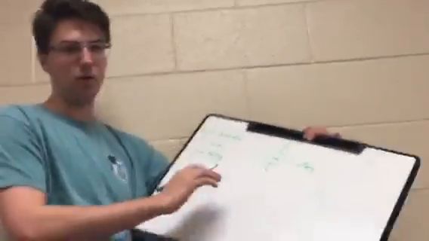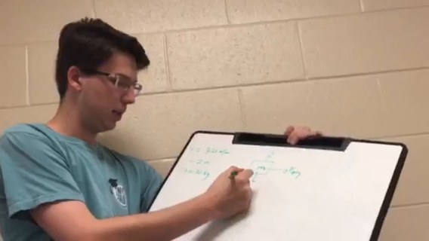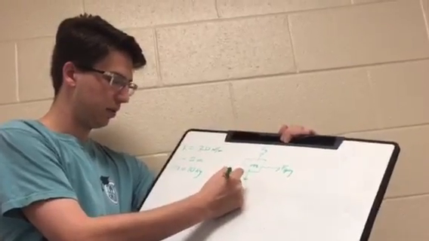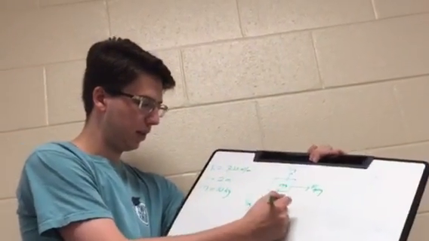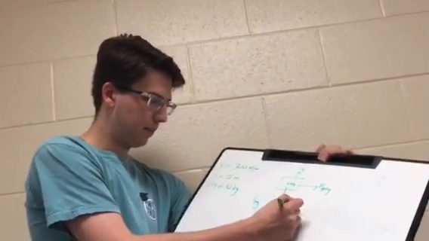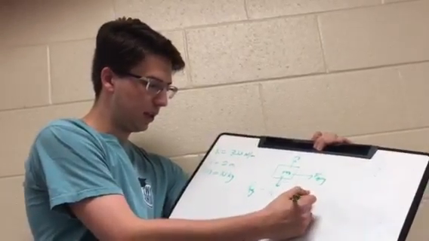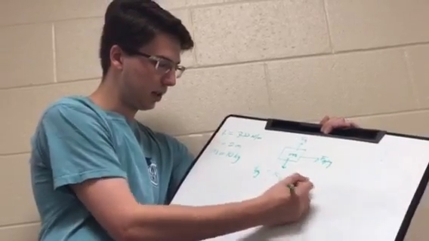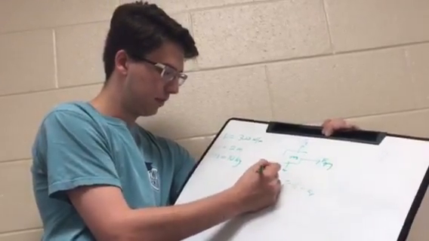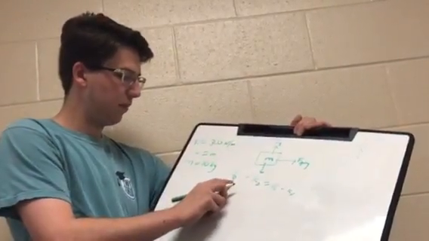So it's going to be a total change in energy. So potential energy at the beginning of the spring plus kinetic energy at the beginning equals the potential energy at the end plus the kinetic energy at the end.